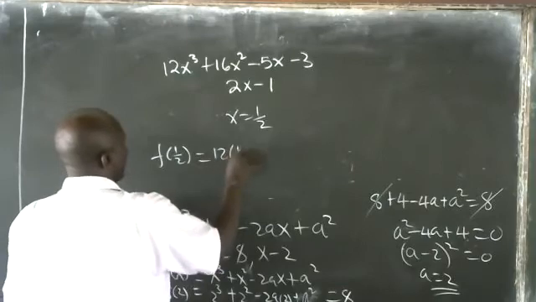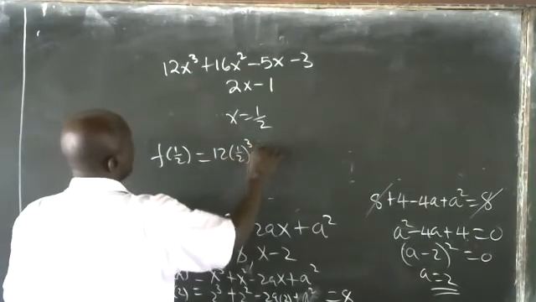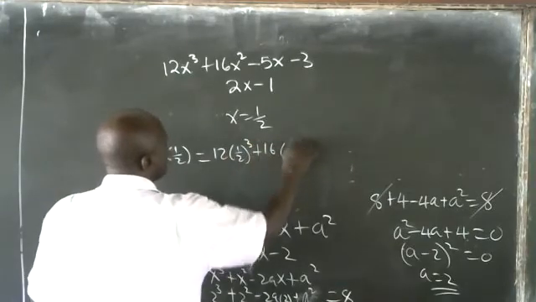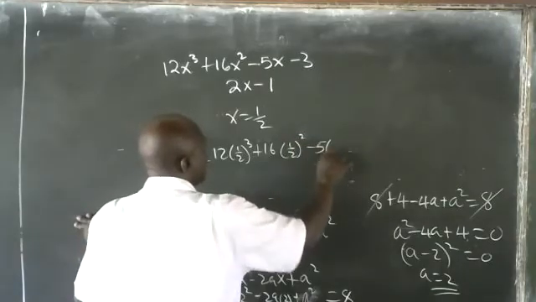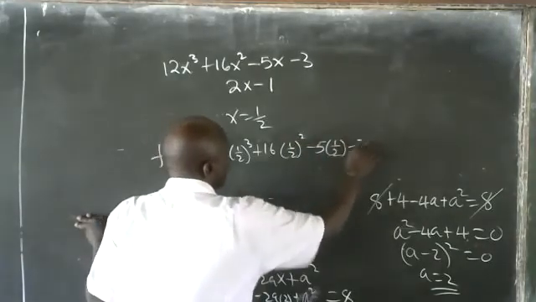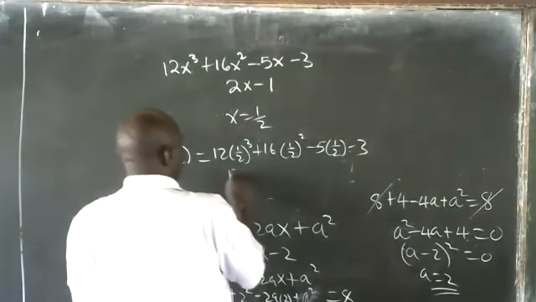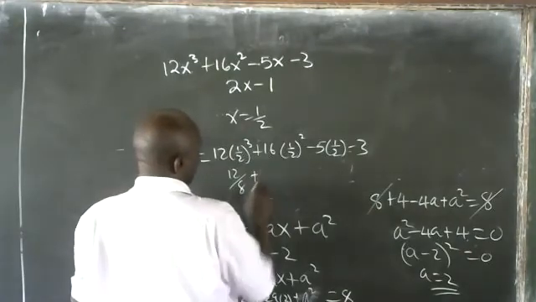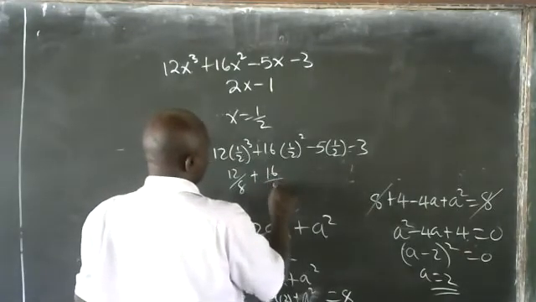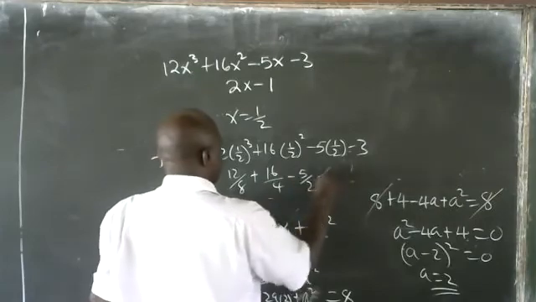That will give us 12 times a half cubed plus 16 times a half squared minus 5 times a half minus 3. Then we see whether it will give us a 0. So this is 12 over 8 plus 16 over 4 minus 5 over 2 minus 3.